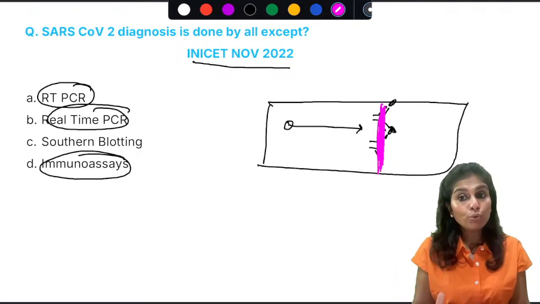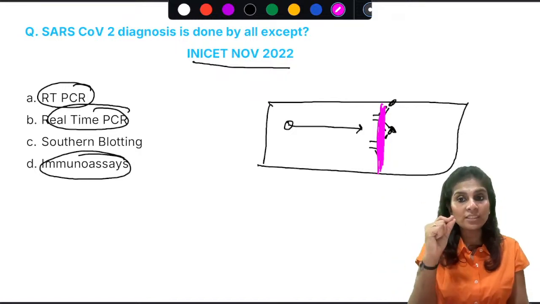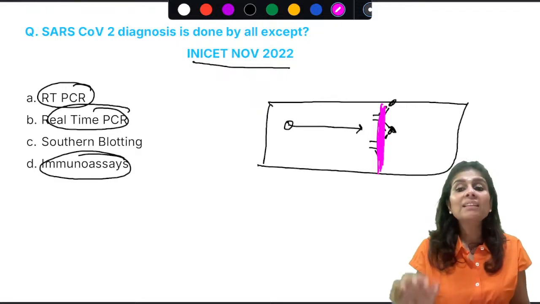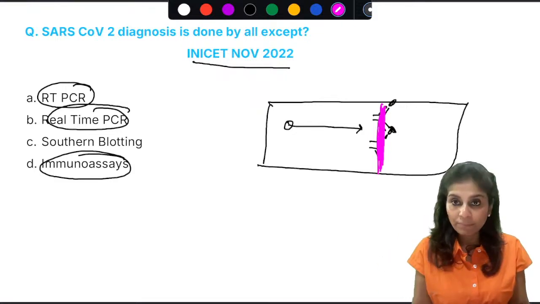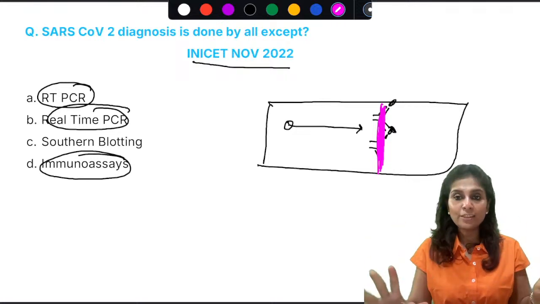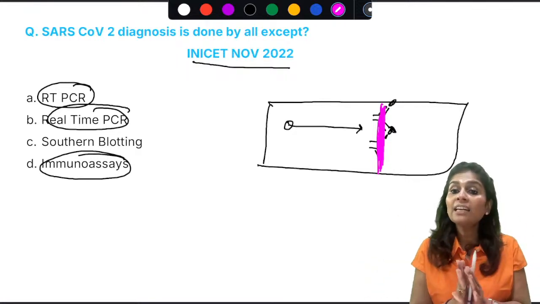Whereas if it's immunoassay, yes, it will be specific because it is also based on antigen antibody reaction, specific antibody. So it will be specific, but the sensitivity is questionable because here you're not amplifying the nucleic acid, you're not amplifying the antigen. One antigen reacts with one antibody.